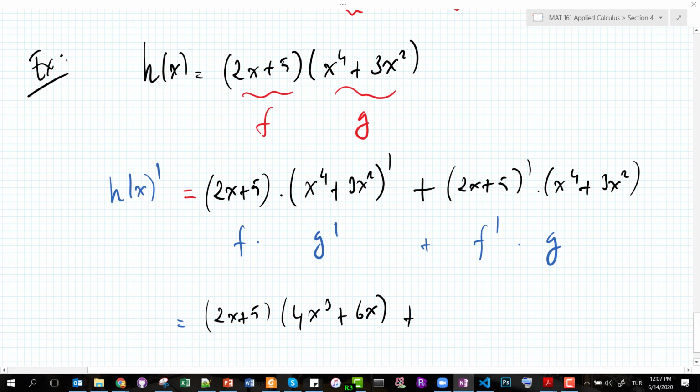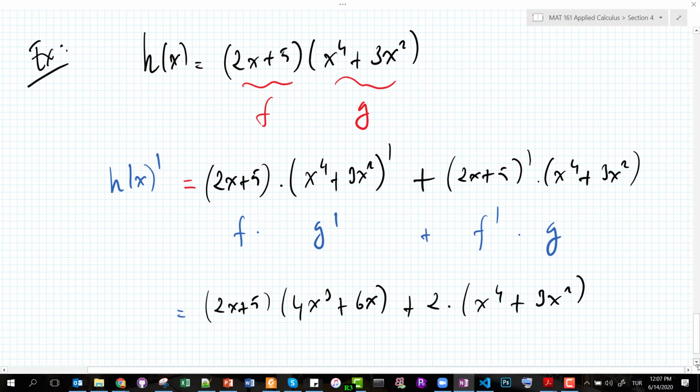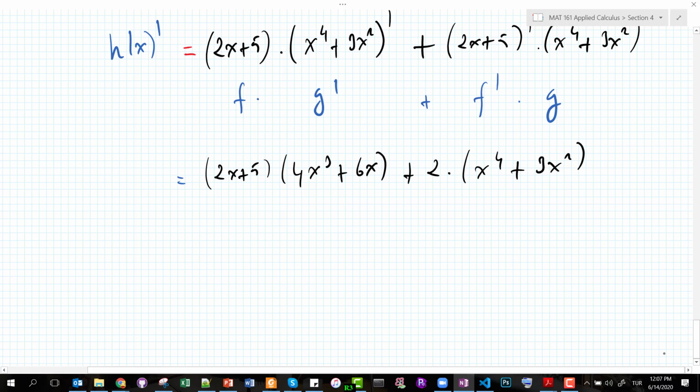That's it, right? The derivative of 2x plus 5 is just 2, and then I'm just going to keep this part the same. So that's it. I'm going to leave it in this way, since you don't need to simplify for the derivative purpose. But of course, if you want to do that, you can do it anyway.